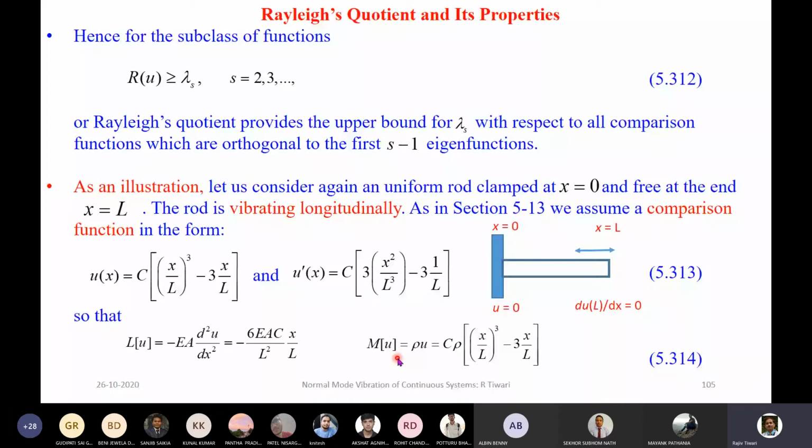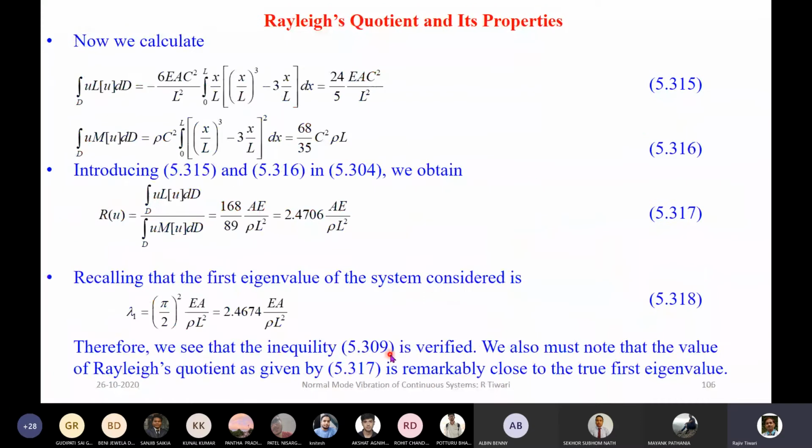So now we have obtained L operated on U, and M operated on U. Now we'll integrate. We multiply U with this LU and integrate over the domain. Here the domain is one-dimensional, X only.